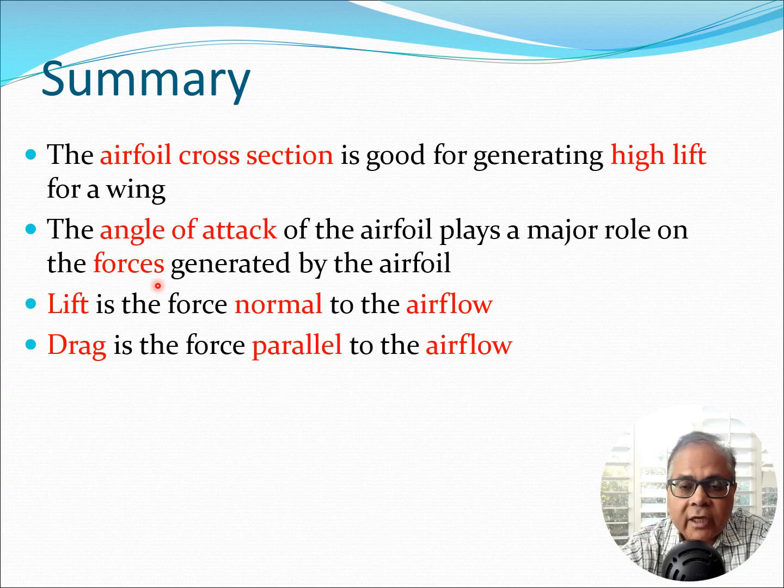As this angle goes up, the forces go up until a certain point, after which the forces start going down. For example, lift will start going down, but drag will start going up. That is the phenomenon of stall, which is caused by separation. But if you consider angles between say 0 to 10 degrees, generally you are going to get good behavior, and you are going to get linear or relatively constant changes in all these phenomena.